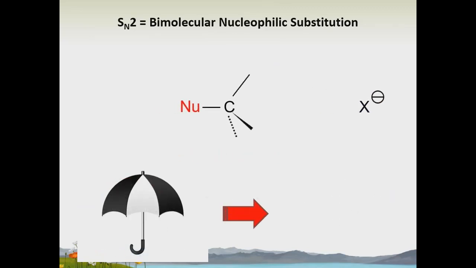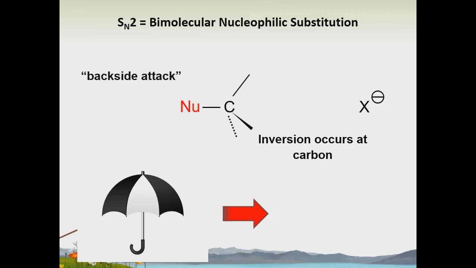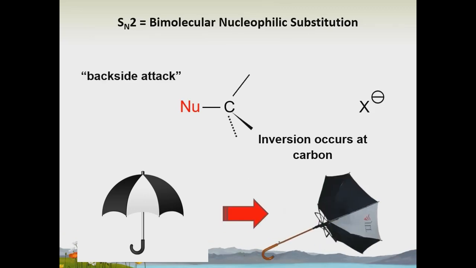Here is the umbrella. So as you can see here, the inversion occurs at the carbon atom, attacked from the backside, and it's going to become like this, the flipped umbrella.